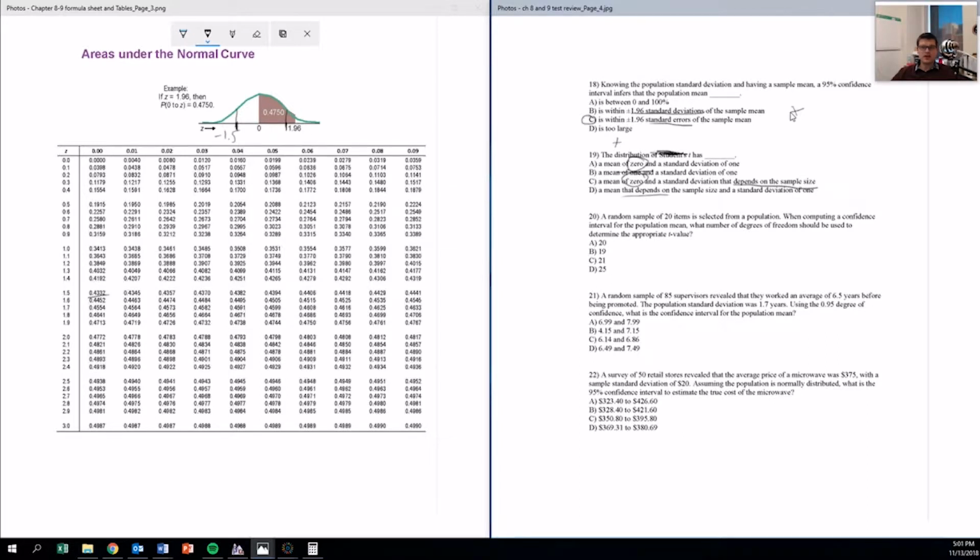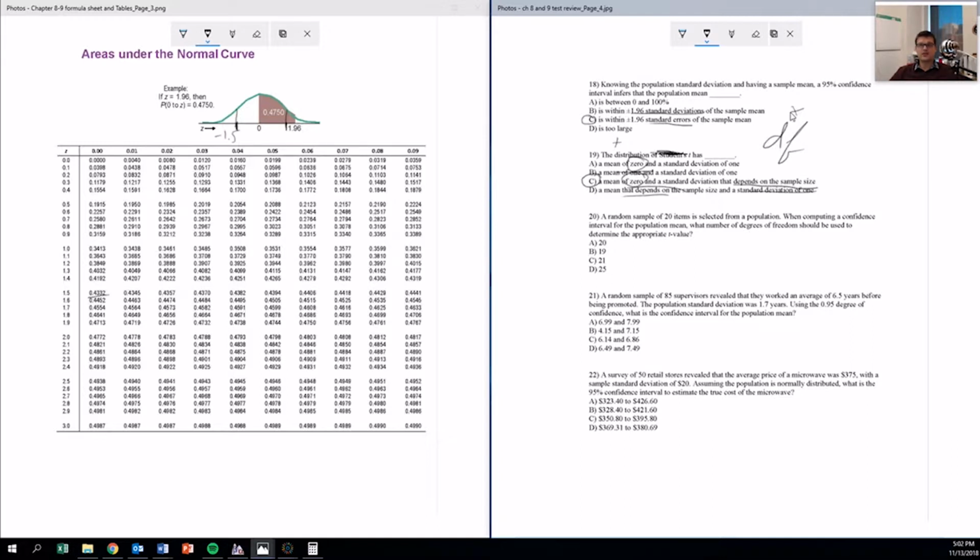Okay, the greater the number of degrees of freedom, the smaller the standard deviation is, and the closer and closer it gets to the z score. So the degrees of freedom changes the standard deviations, if you will. Okay, so it's got a mean of 0 and a standard deviation that depends on the sample size.